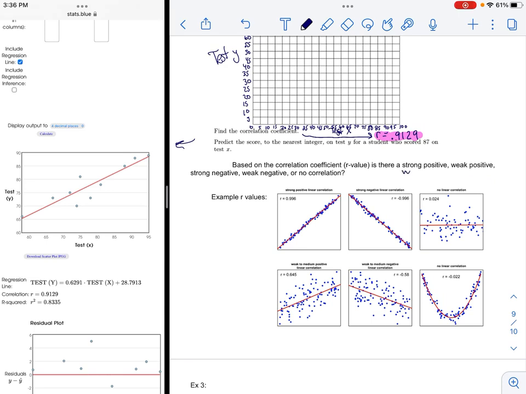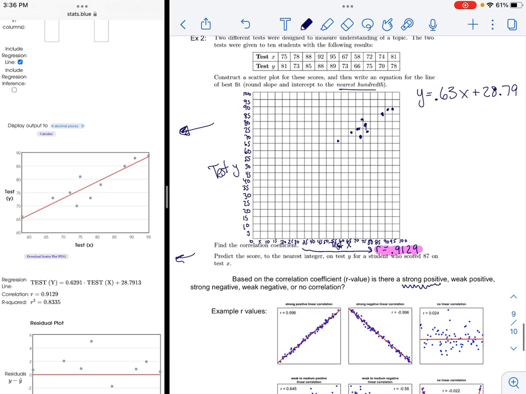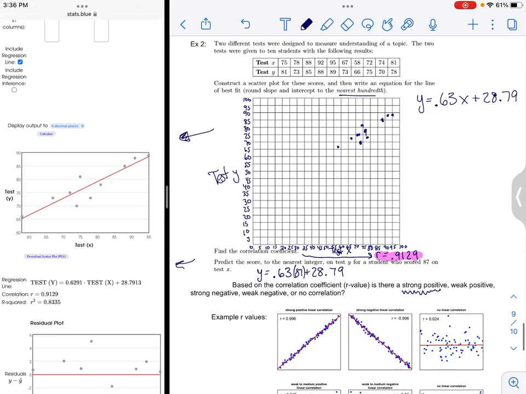So I would say there is a strong positive correlation here because it's pretty close to an R value of 1 and it's positive. So then we're going to predict the score, so same as last time, to the nearest integer on test Y for a student who scored 87 on test X. So we take our equation, we plug in 87 for X, so I'm going to replace X with 87, and then I will solve.